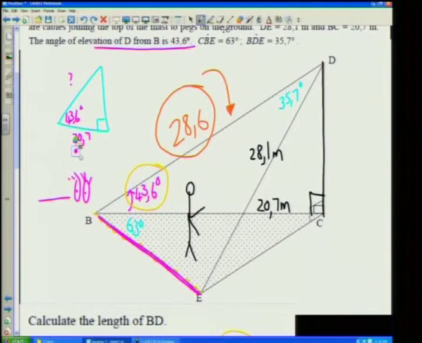Now, if I look at BDE, I've got that side, I've just found it. I've got this side, they gave it to me, and I've got that angle right from the start. So can you see I've got that setup that I actually need cos rule for? I've got two sides and the angle between them. And that's exactly how I'm going to find BE.